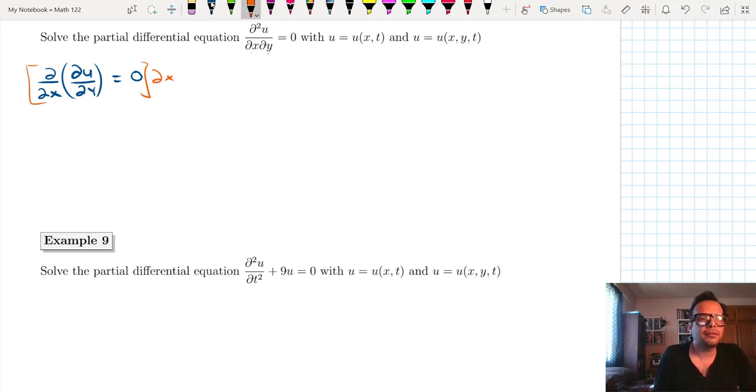dx. So this will be d(du/dy) equals 0 times dx.